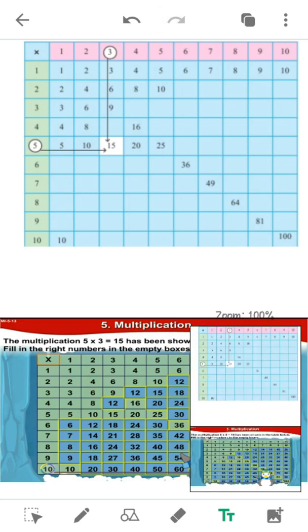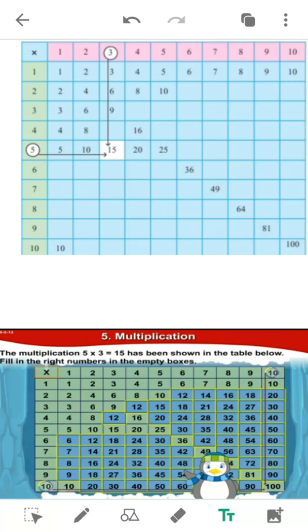So look at the table. In this box, in rows we have to write the 1 to 10 numbers, and in column also write the 1 to 10 numbers.